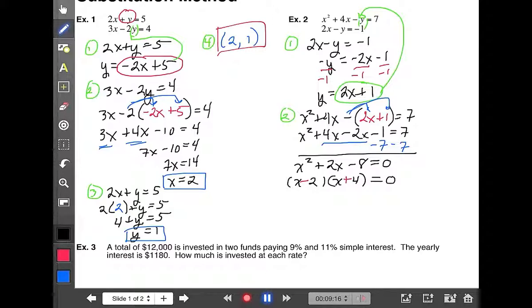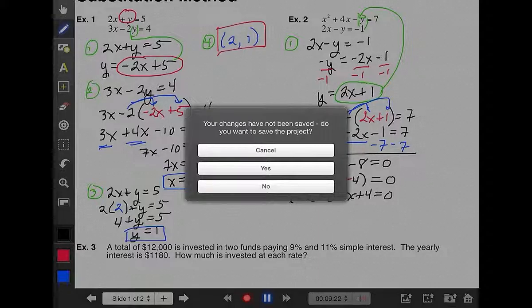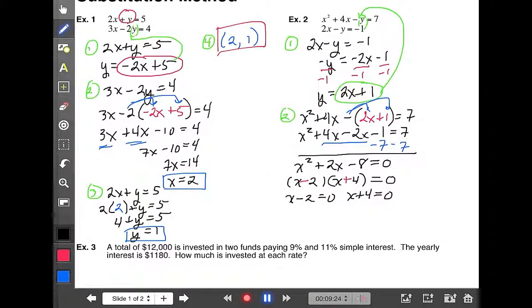And so then you're going to set the x minus 2 equal to 0 and the x plus 4 equal to 0. And so x is equal to positive 2 and x is equal to negative 4. So those are your x values for your 2 ordered pair answers. And we are going to go ahead and graph these on our calculator so I can show you where they do intersect.